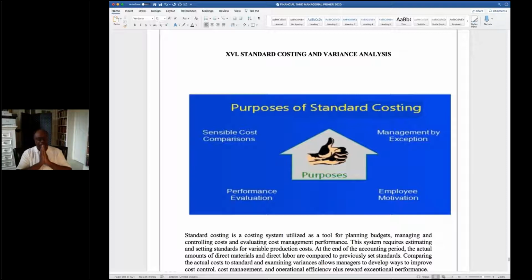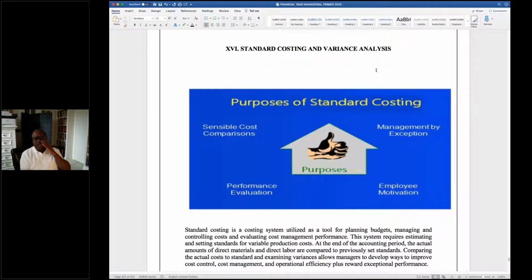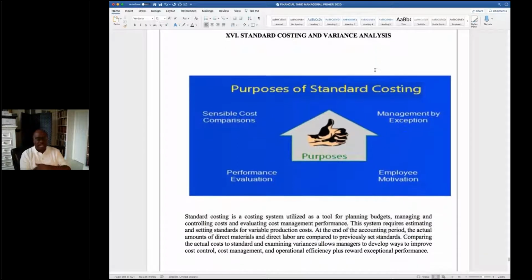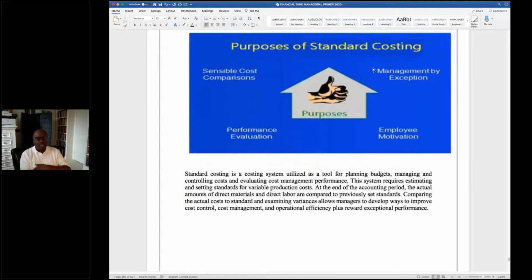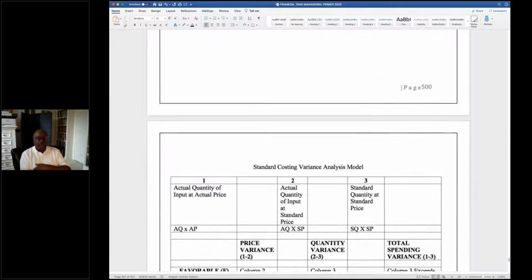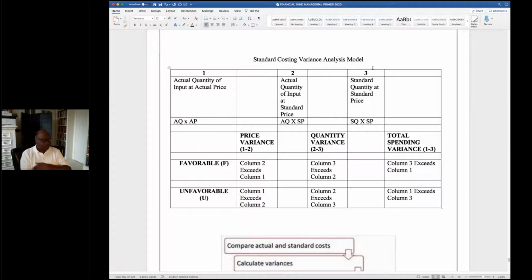So the purpose of standard costing is to analyze what's going on, have performance evaluations, and have employee motivation by bonuses when they reach the target. But if they don't reach the target, then they need some corrective action so they can reach their targets. So that's what we're looking at.